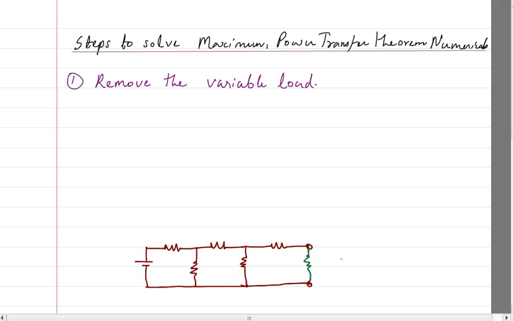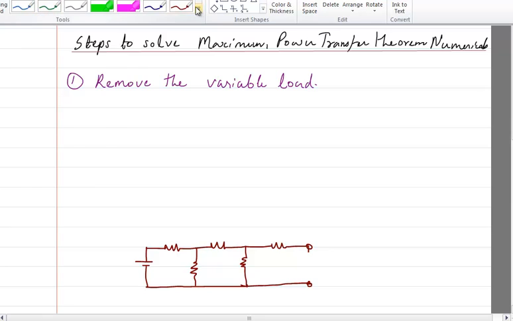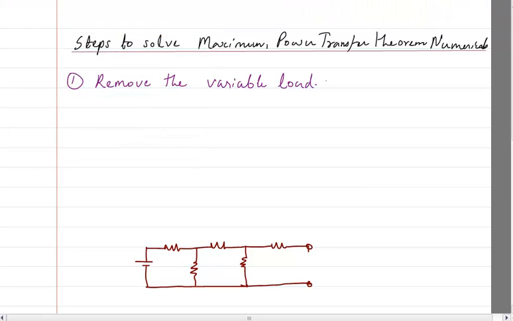So what it says is, first you have to remove the variable load. This is the variable load in which I want the maximum power to transfer. So the first thing that we do is we remove this particular variable load, RL.